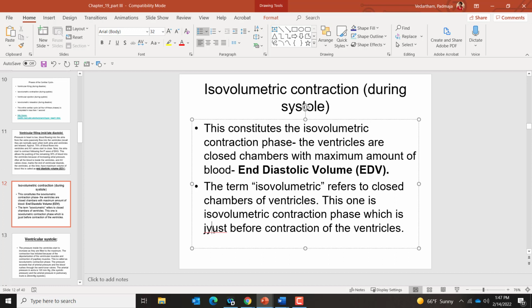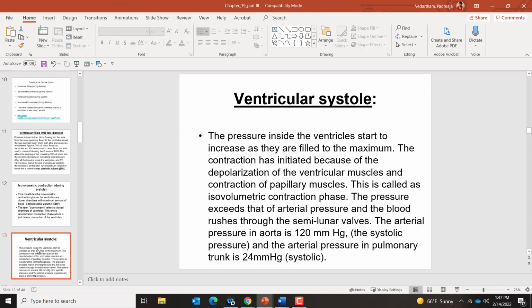So you have the T wave, the QRS wave is completely innervated. You can see in the graph the QRS wave, and at that time the pressure inside the ventricles starts to build up because it has depolarized, and then it is going to start contracting the ventricles.